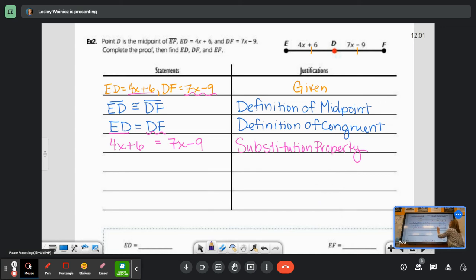Okay, so we're going to subtract 7x from both sides to give us negative 3x plus 6 equals negative 9. We subtracted on both sides to keep the equation equal. So that was the subtraction property of equality.